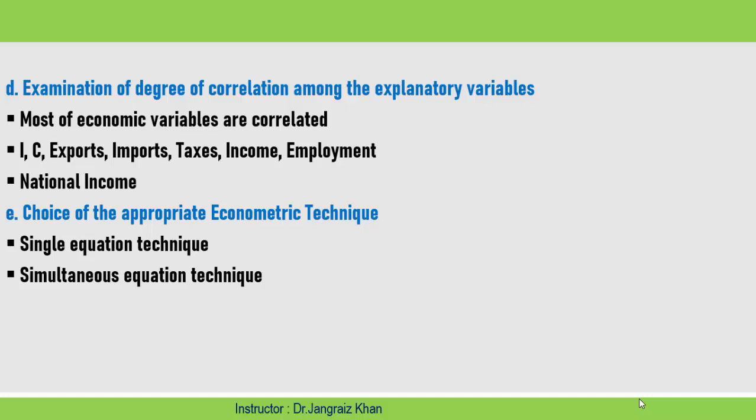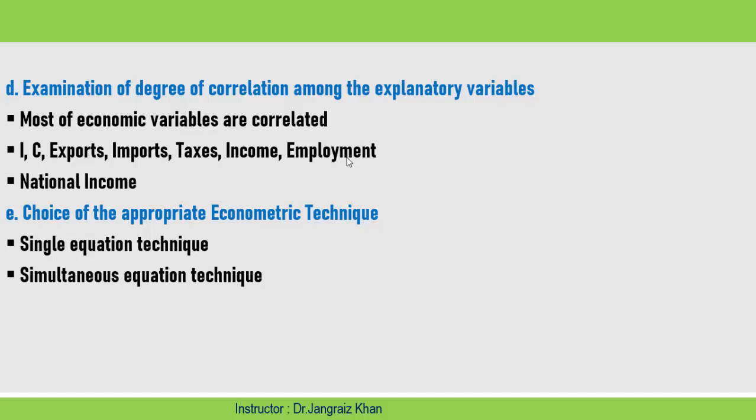For example, investment, consumption, exports, income, employment, all these variables tend to move upward. They increase in a boom while they fall in a recession. So if you are using the OLS model, the method of ordinary least squares, then one of its assumptions is that the explanatory variables are not perfectly linearly correlated.